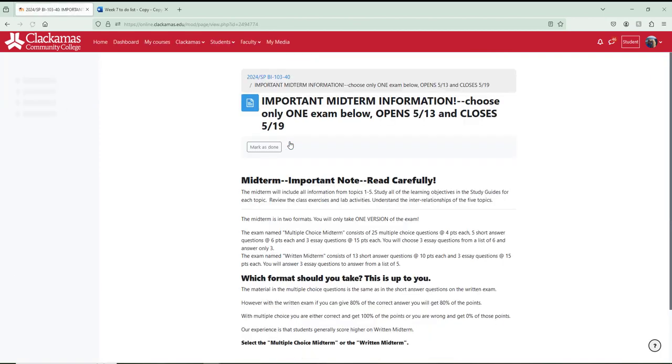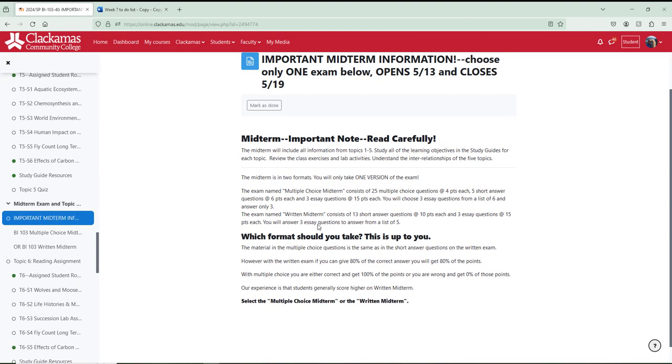So as far as the differences, they are worth the same amount of points. They are the same length of time, so each student gets 90 minutes to complete the exam. The midterm multiple choice exam has 25 multiple choice questions, whereas the written exam has no multiple choice questions.